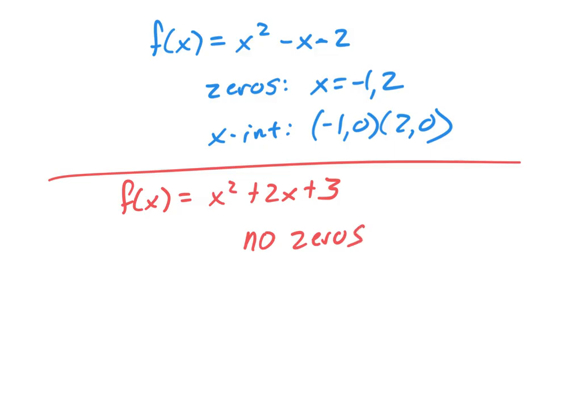No zeros, which means there's also no x-intercept. So using the calculator is the best and quickest way to get there for those. Later in the semester, we'll talk about how to solve quadratics, and we'll do more work with quadratics. But for right now, that's going to be our best method.